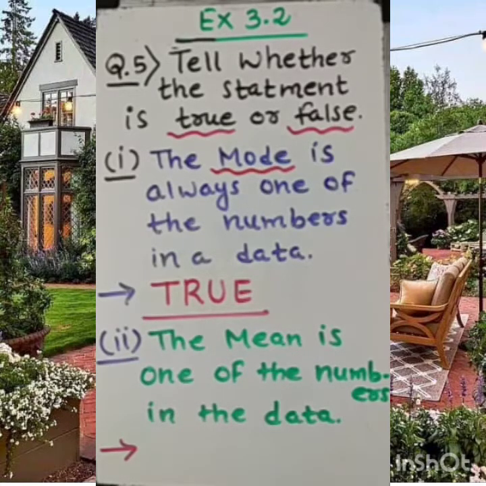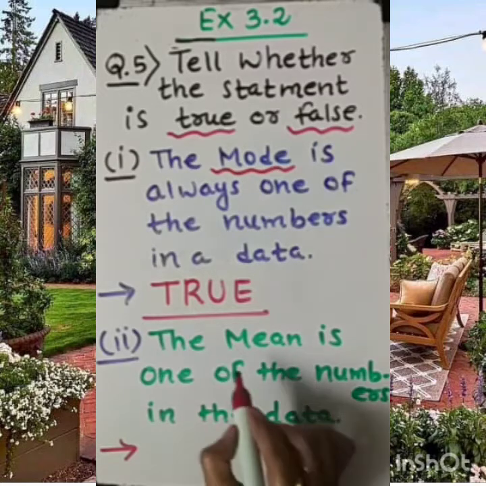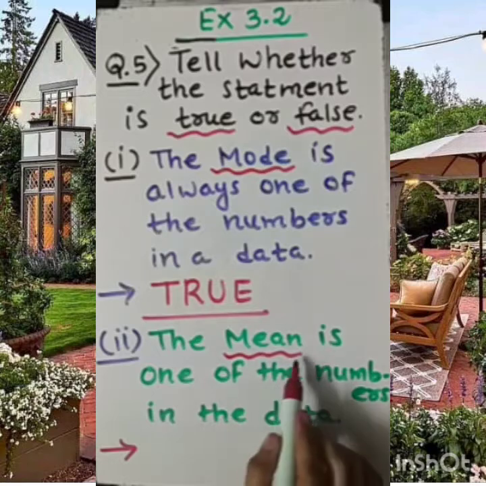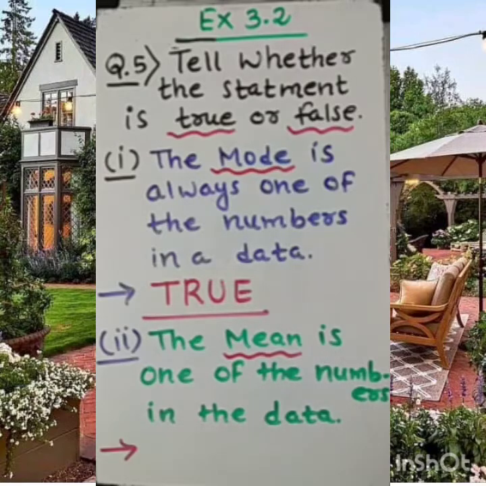Okay, let's go with the second. The mean is one of the numbers in the data. Now here we have to talk about mean. Dear student, when we found the mean in question 1, 2 or in the previous exercise also, we have seen the mean is coming something else.